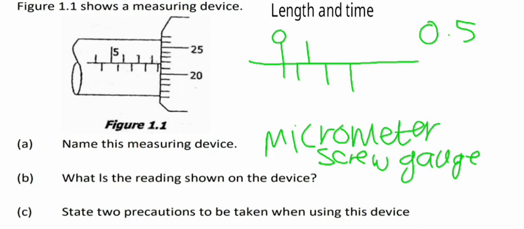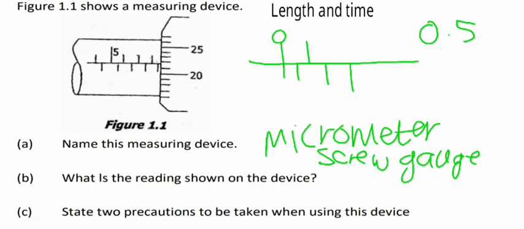Which means if this one here is 5, the next dot here is going to be 5.5. Then the next one here is going to be 6. That is what it means when I say each line in the main scale represents 0.5.